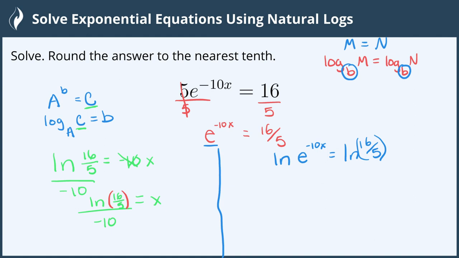And then we will employ one of our rules that we've learned, which is the product rule, and we'll roll this negative 10x down in front, negative 10 times x times the ln of e. So just to simplify this a little bit, we'll write it out, negative 10 times x times the ln of e equals the ln of 16 fifths.